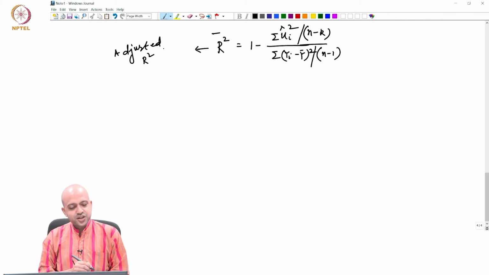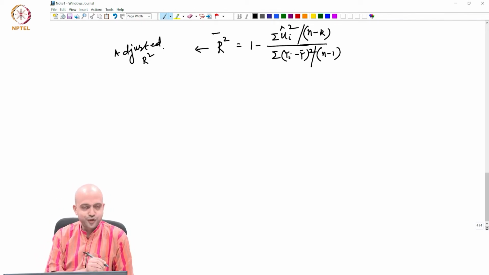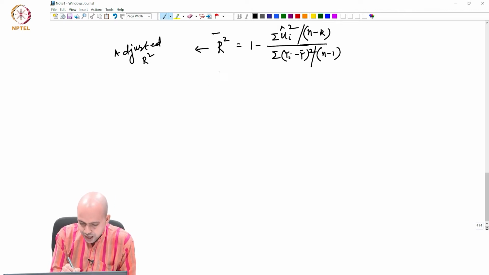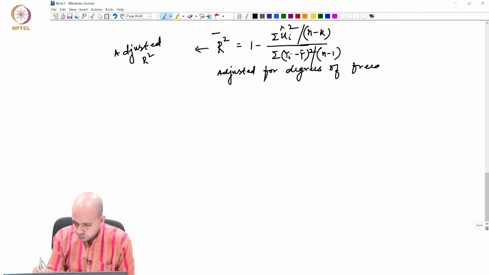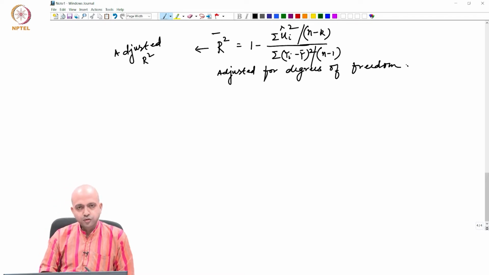So when we say adjusted r square, this is adjusted for degrees of freedom.